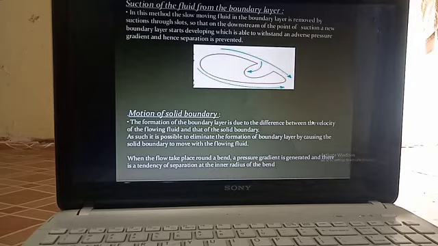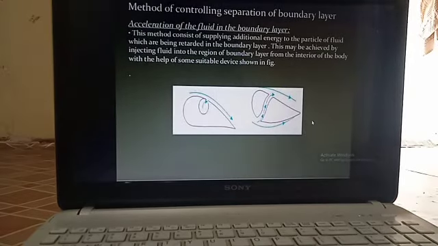Up to this we have covered boundary layer separation and the methods to control it.